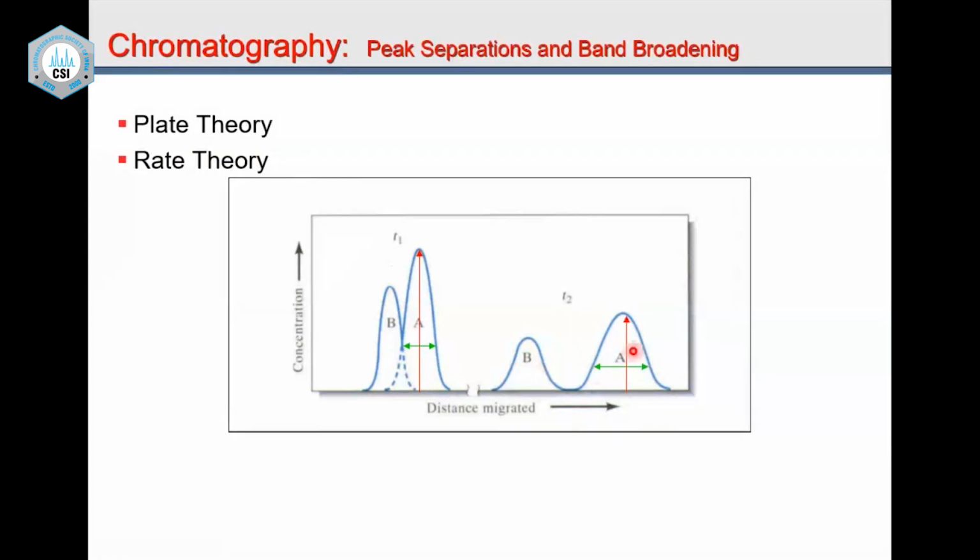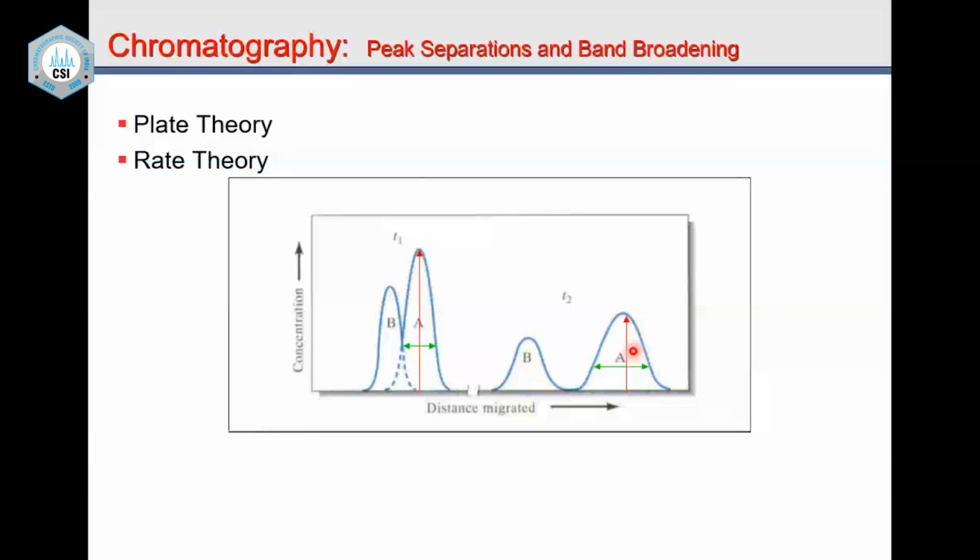And as you can see, as the peak starts moving in the column, it starts becoming broader and broader. So here it was not broad, but as it travels through the column, the molecules which are moving in the mobile phase and onto the column start becoming more and more diffused. So the band width or the peak width starts increasing and the peak becomes broad.